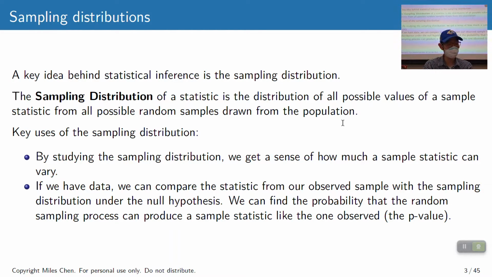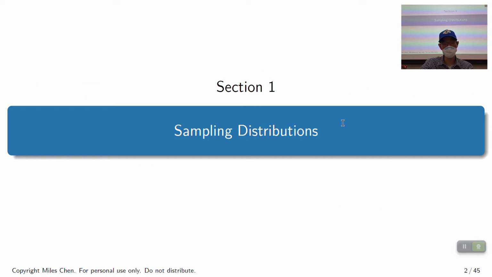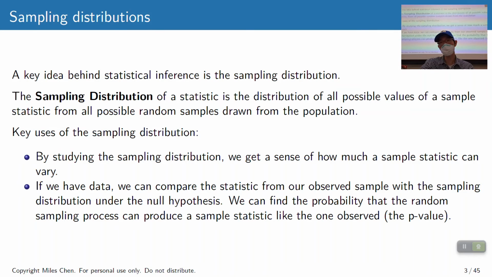We are talking about, on Monday, we did randomization tests, and today we will do Bootstrap. And these are both ways for us to do statistical inference. They're computational ways.